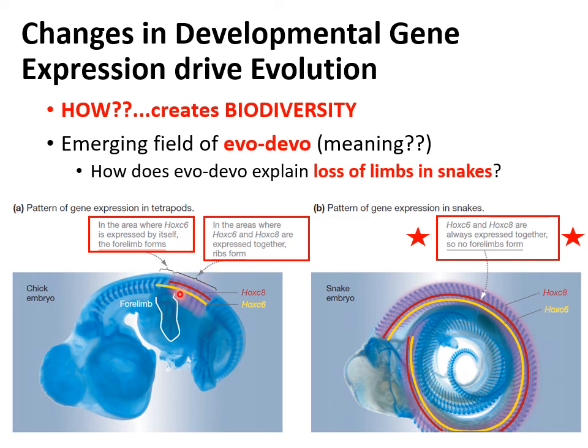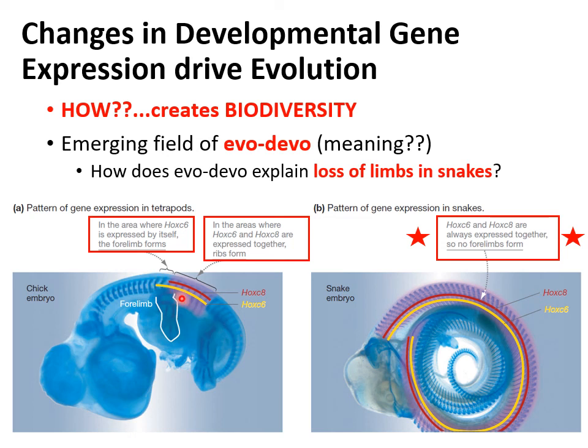And as you can see here in this chick embryo, when you have just HOX6 somewhere expressed, with no HOX8 being expressed at that same location, you end up with a forelimb, meaning in this case the little wing, or in another organism a leg, an arm, at that location.